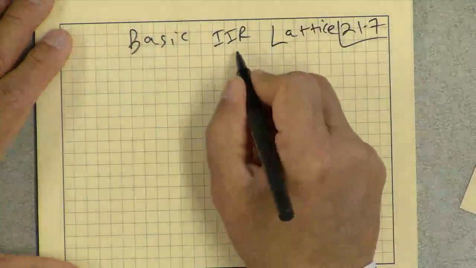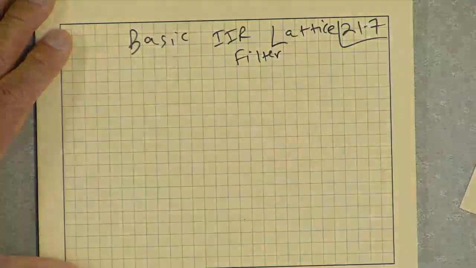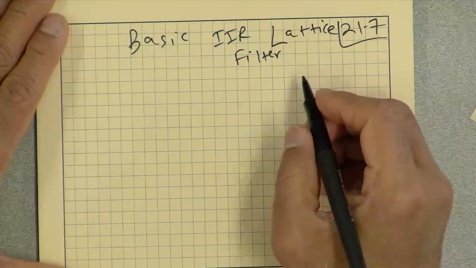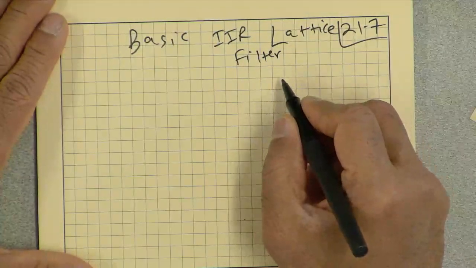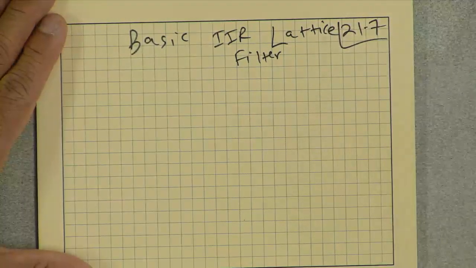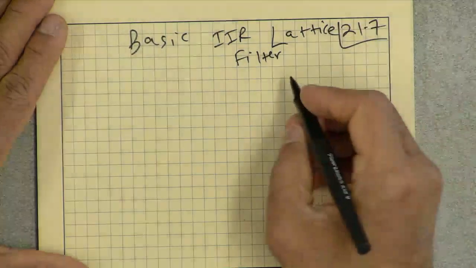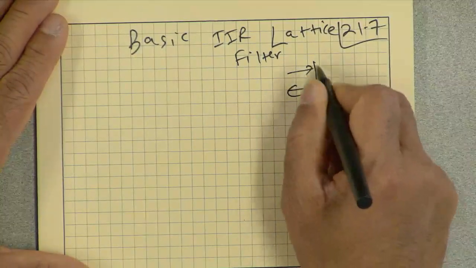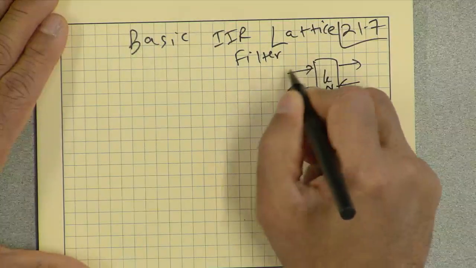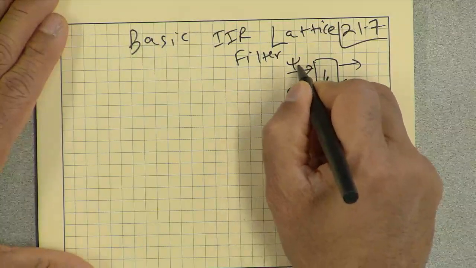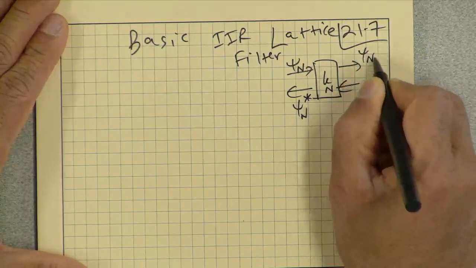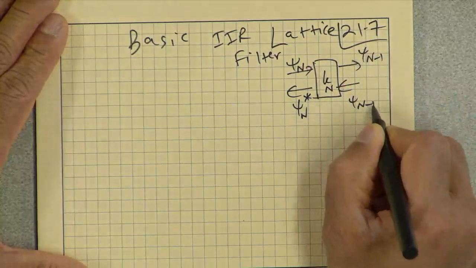Okay. So we need to get two equations. Let's say this is Kn, and start with psi n star, psi n minus 1, psi n minus 1 star.